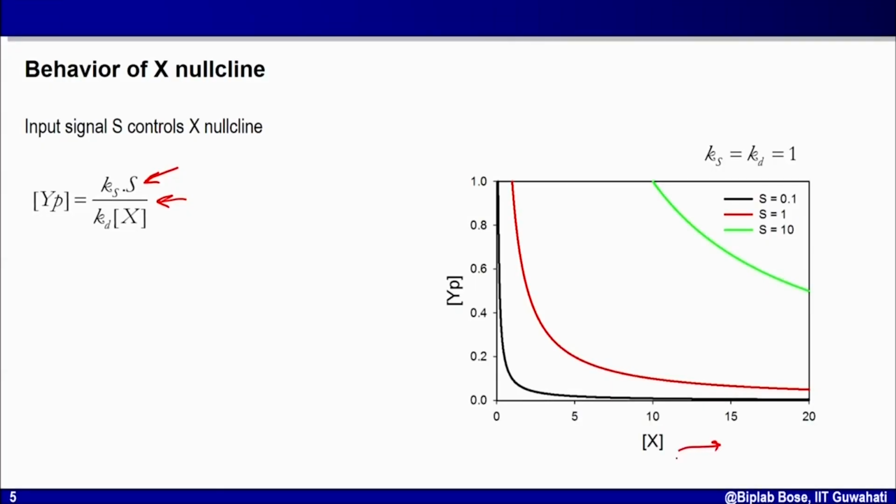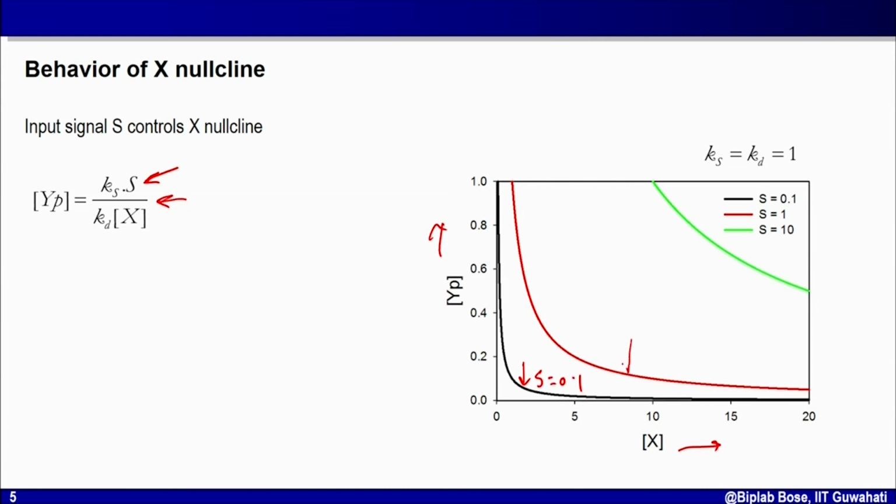So if I draw the alkalines in phase plane X versus YP, then as I change S, I can see the hyperbola keeps on shifting towards the right hand upper corner. For this black one, S is equal to 0.1.